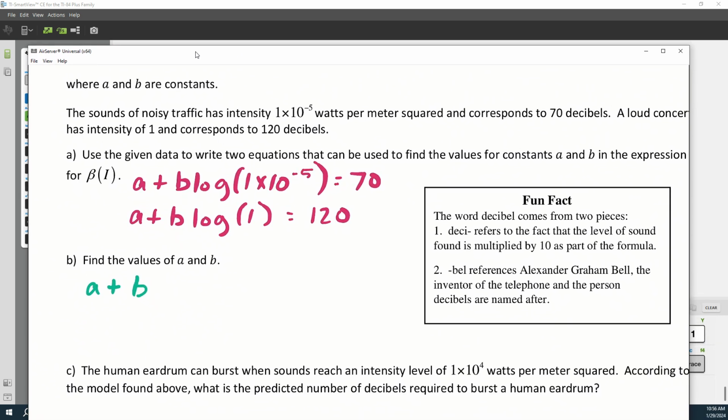All right, so I'm going to fix this green one real quick. What about 10 to what power gives you 1? 0. So this one right here is just going to be 0.